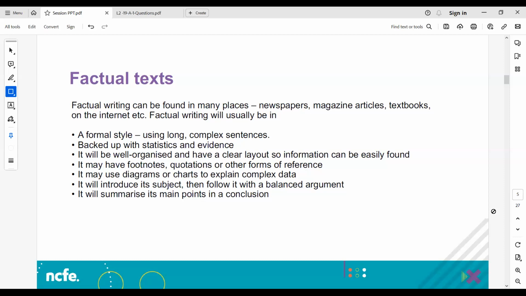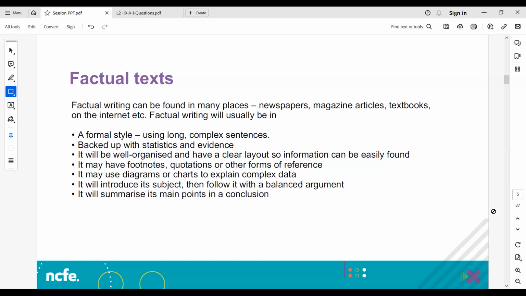And we have looked quite a lot at this in writing and in reading, those long complex sentences. There'll be statistics and evidence, so numbers, if there's percentages or ranges or even tables showing different numbers or graphs, then it's a good indication of a factual text.